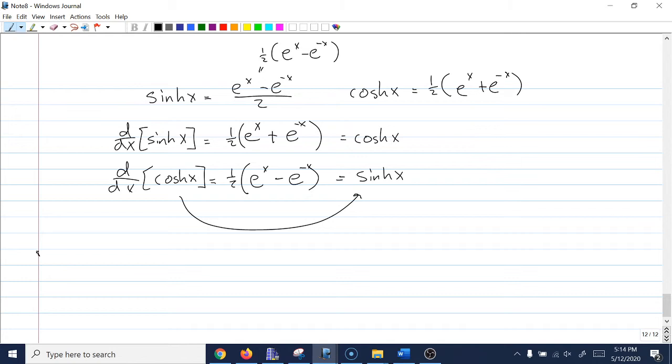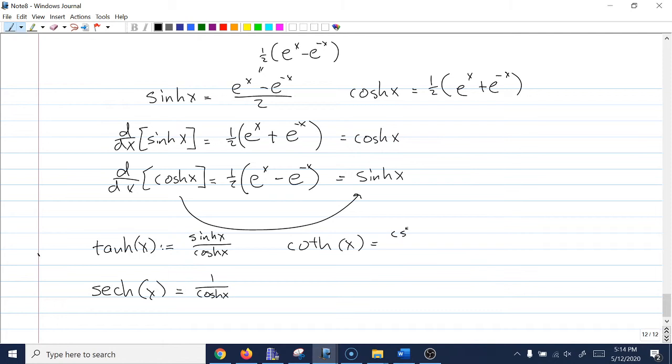So yeah, there's a function tanh that is defined to be sinh over cosh. There's a function sech. It's defined to be 1 over cosh. There's a function coth, hyperbolic cotangent, it would be cosine over sine, now it's cosh over sinh.